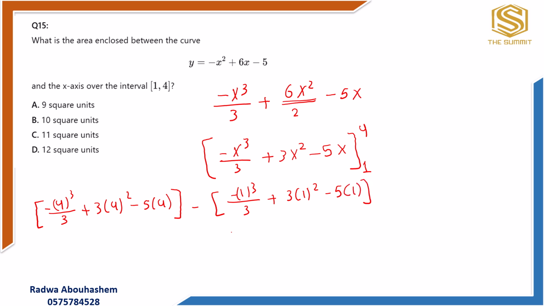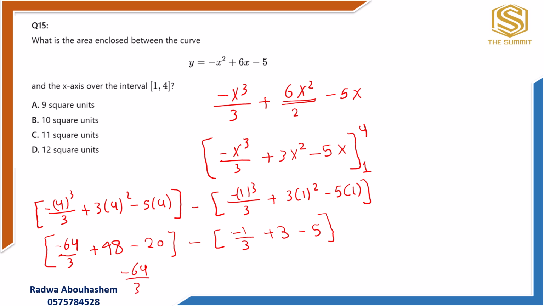Here, 4 power 3 is 64, so negative 64 over 3. 3 times 16. 5 times 4 is 20. This is negative 1 over 3 plus 3 minus 5. So here, negative 64 over 3 plus 28, minus negative 1 over 3, minus 2.